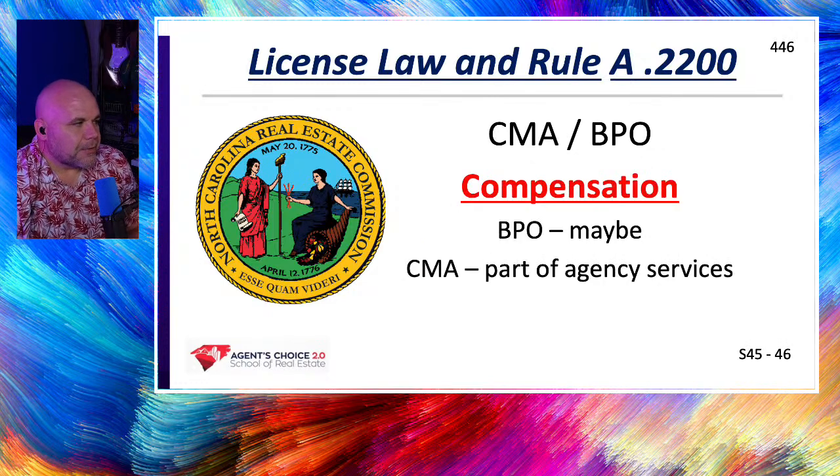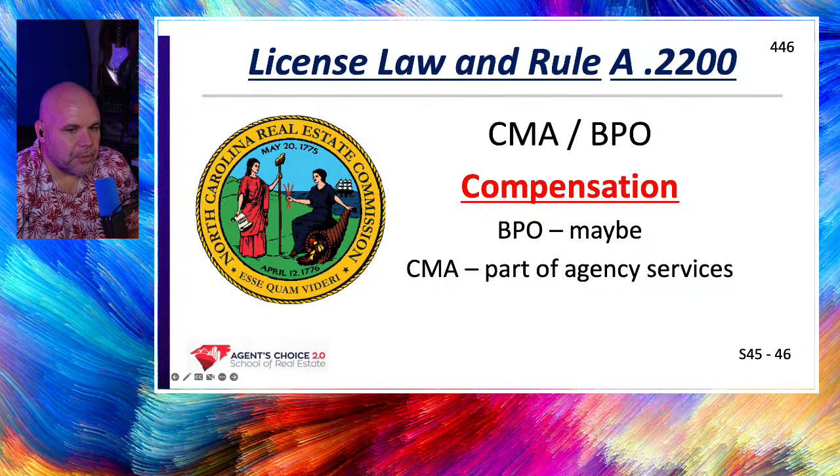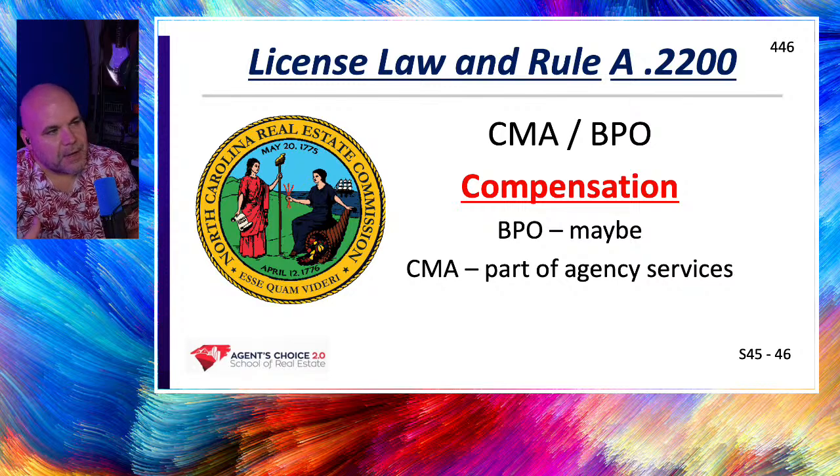Okay, a couple other things about compensation. The CMA, as we know, you cannot charge for. The BPO you can charge for. Maybe. You as a brand newly licensed provisional broker, you're going to get your new license. It's going to be inactive provisional. You're going to go pick a BIC, pick a firm. They're going to activate you.